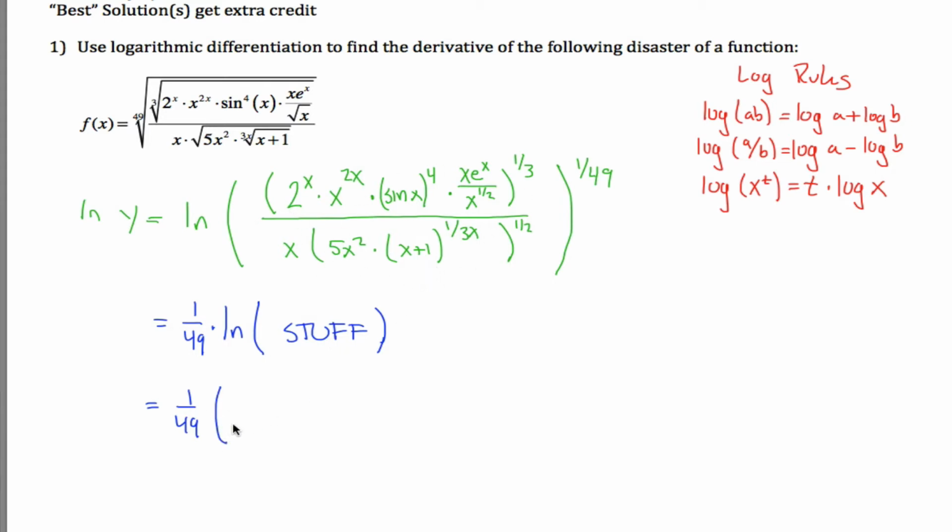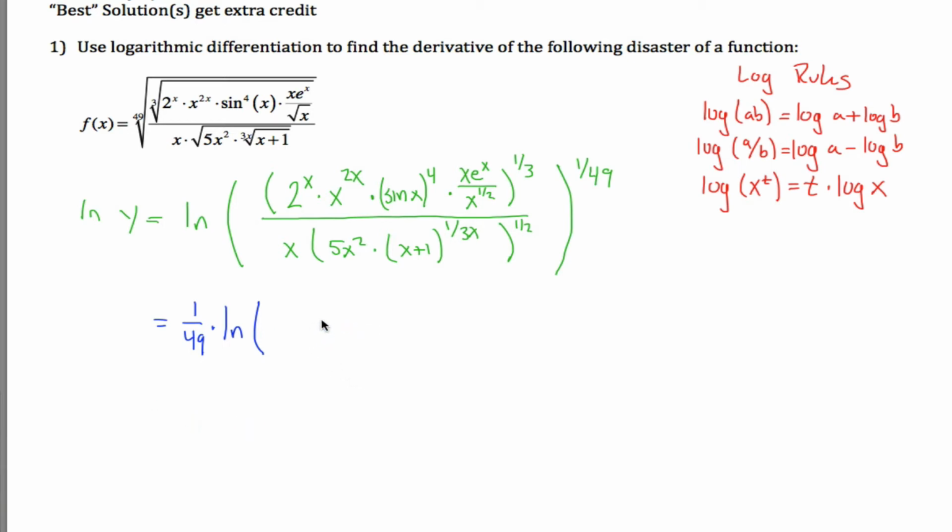And the way you'll do that is, well, it's something divided by something else. So the natural log of something divided by something else is the natural log of the top. I should have done this stuff thing here. I was just being lazy. I'm going to copy it.